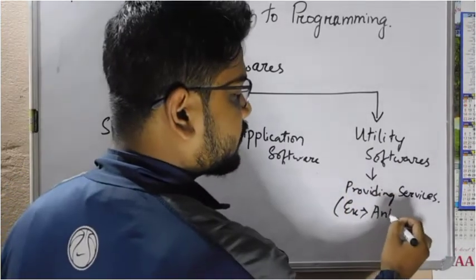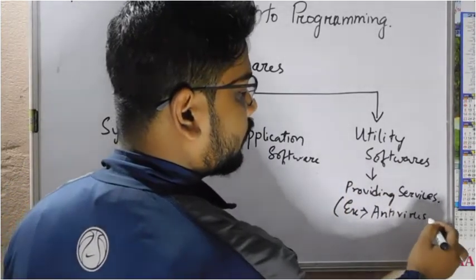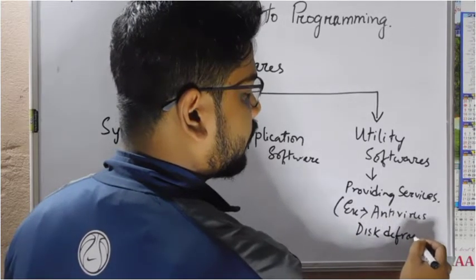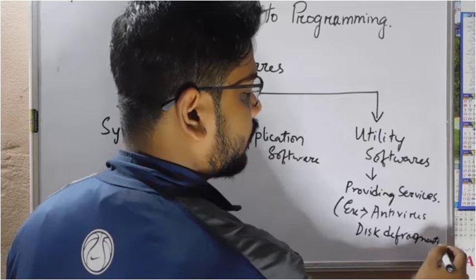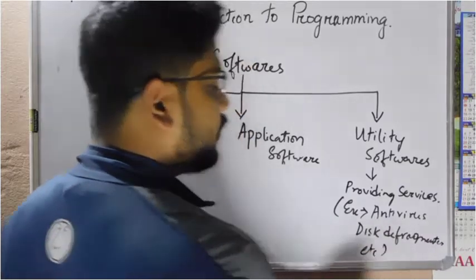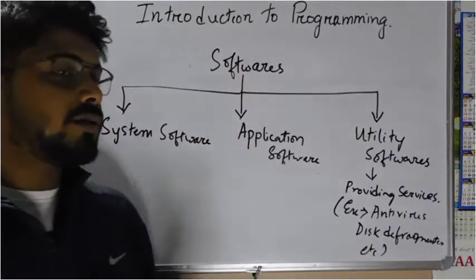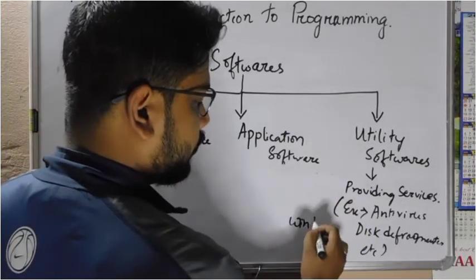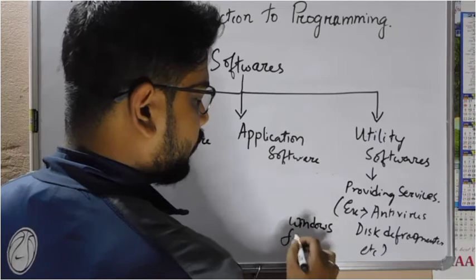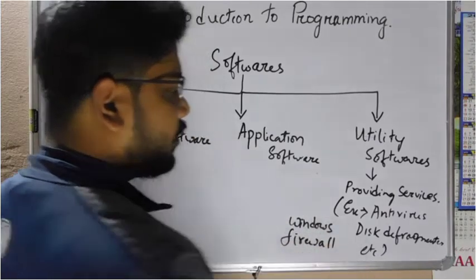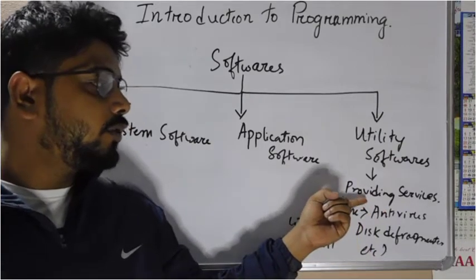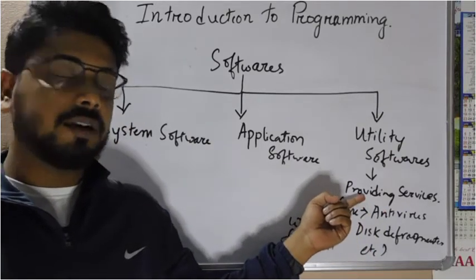For example, antivirus, disk defragmenter, etc. Or one more example, Windows Firewall. So utility software are those software which are helpful in providing services to the computer.